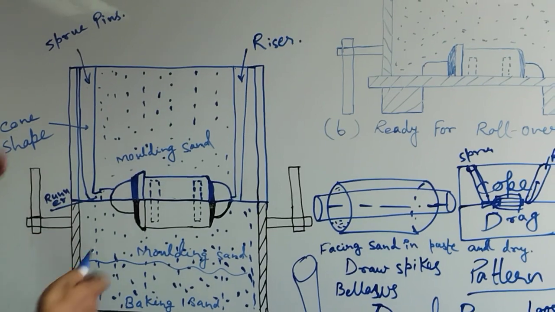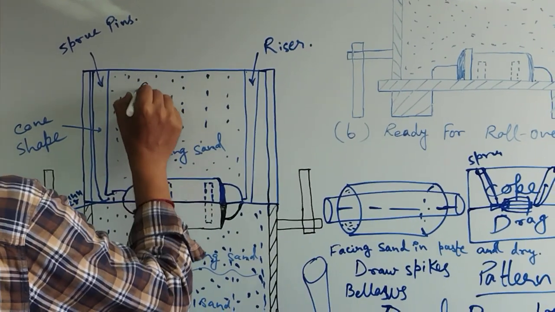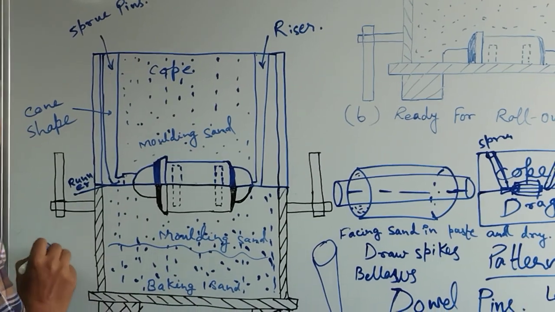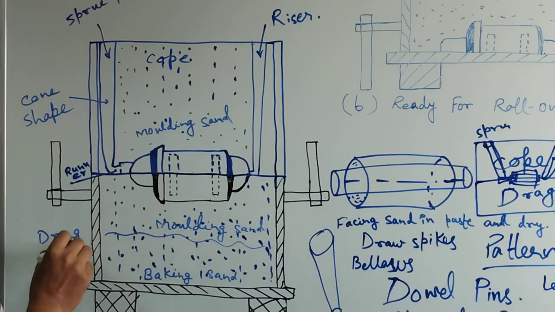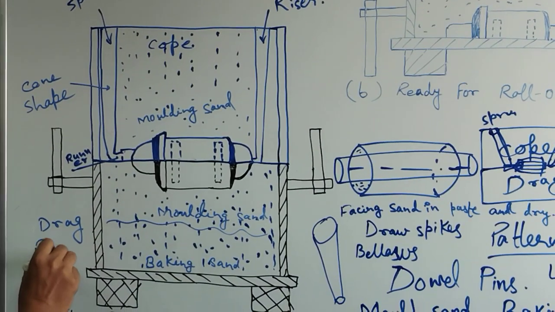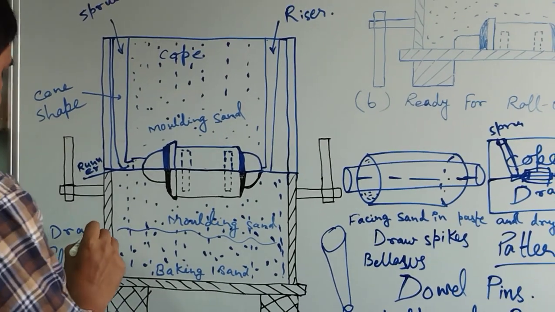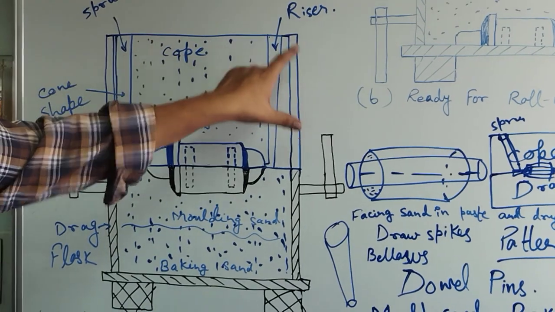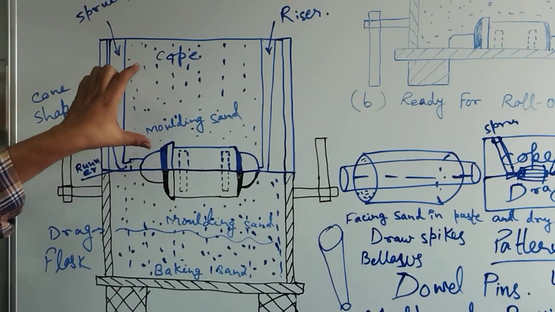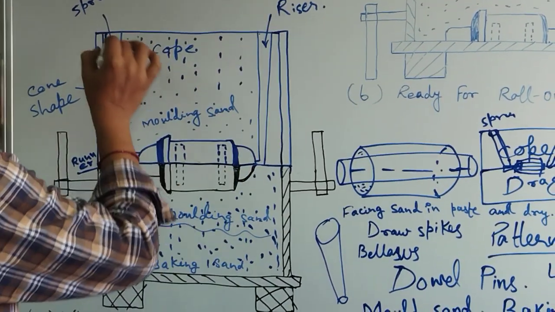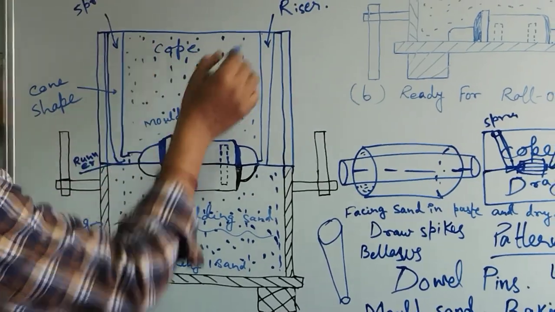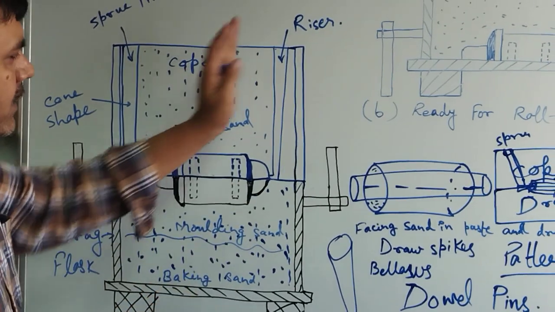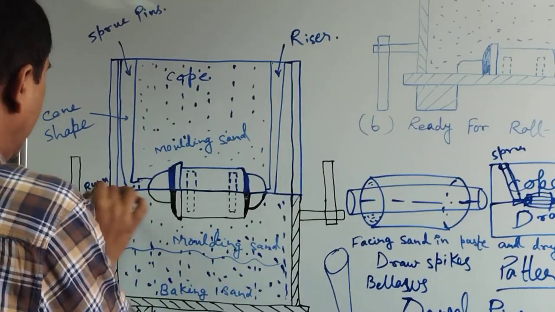This is the cope flask, and this is the drag flask. On top of the cope flask, two sprue pins are inserted by a hammering process, and it will make the parting line.